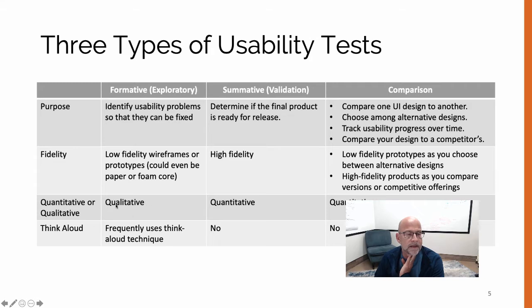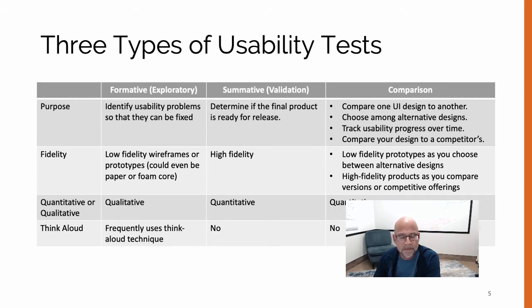That is, early on in the design, it might not make sense to see how long it takes for a person to complete a task. Instead, we might just want to watch and see if they do complete the task correctly, and then ask them later on about what was easy or what was difficult about it. Finally, it frequently uses a technique that we call think aloud. That is, we'll ask people to conduct a particular task and to think out loud as they do it, almost like a stream of consciousness.